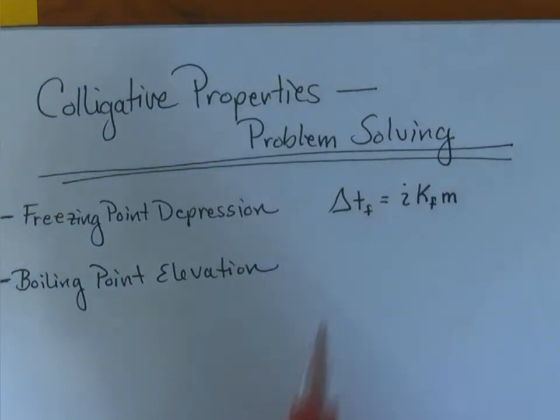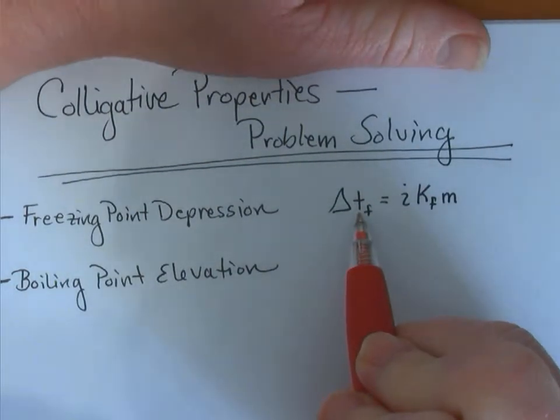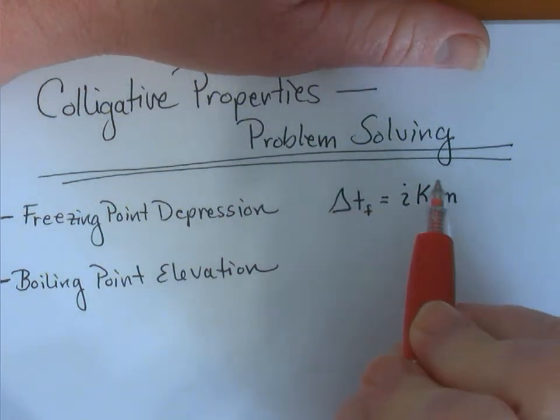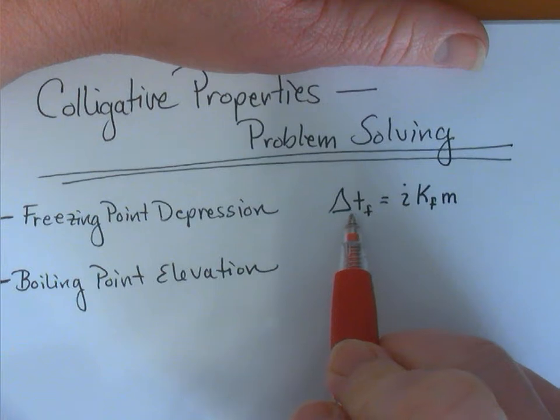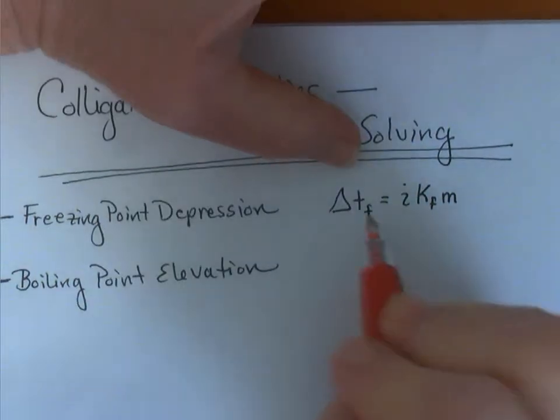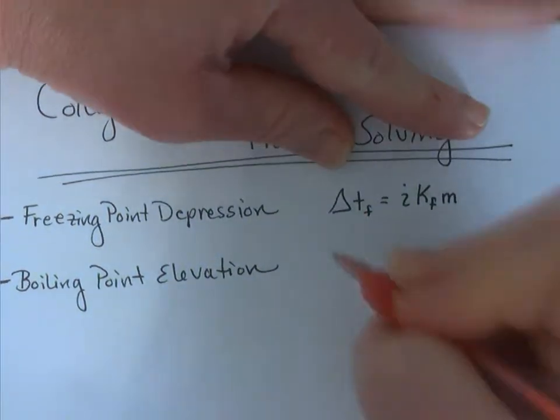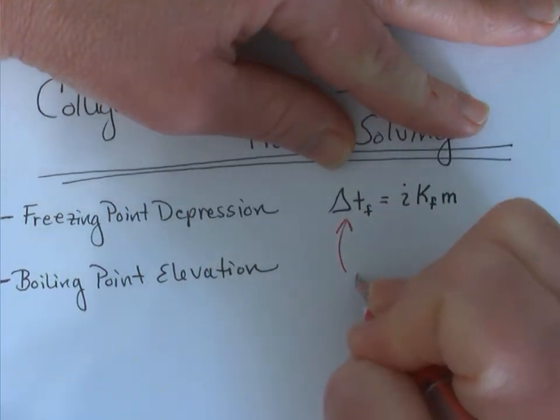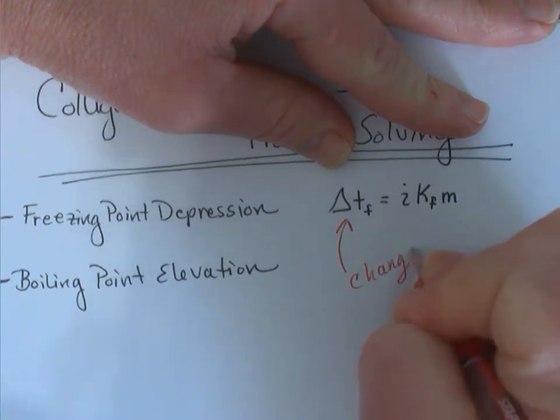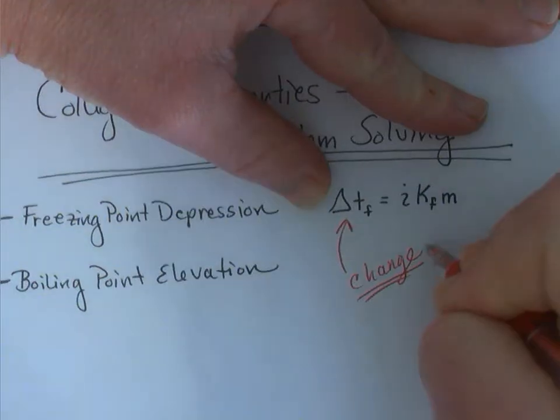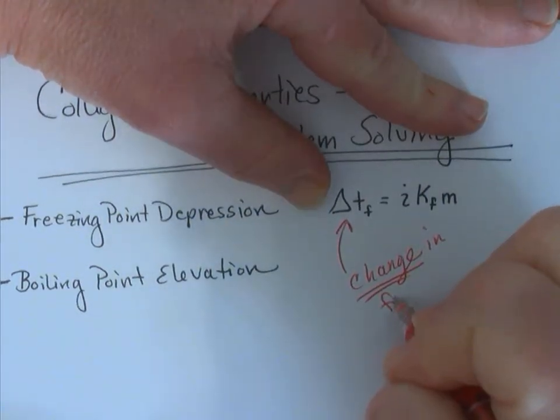Well, in chemistry, usually a lowercase t indicates time. But I think the majority of chemists are just worried that you will misinterpret what this is. This should be a capital T, and some textbooks will show it as a capital T. This is the change. Remember, delta means change in. The change in the freezing temperature.